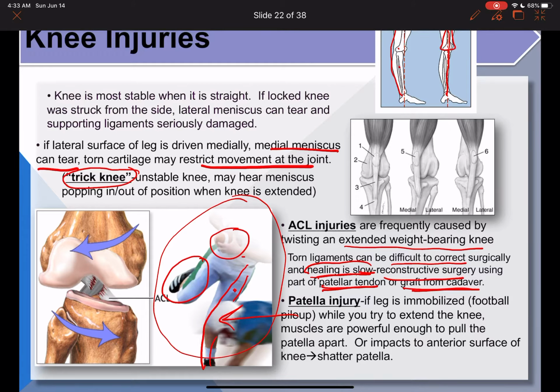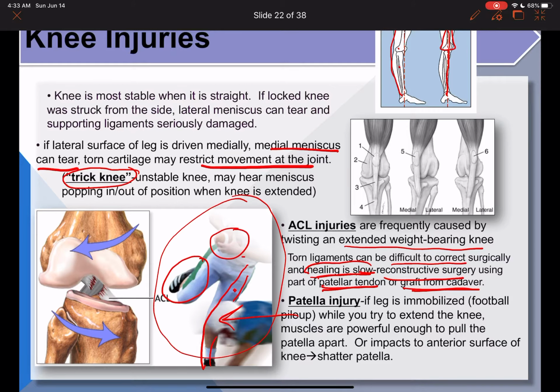and a torn ACL. All right, so the patella injury is another injury that can happen with the knees. So you can break a meniscus, you can tear a meniscus, tear an ACL, but remember, there's that small little patella bone right in the front of your knee, and that is a common area where injury can occur too.